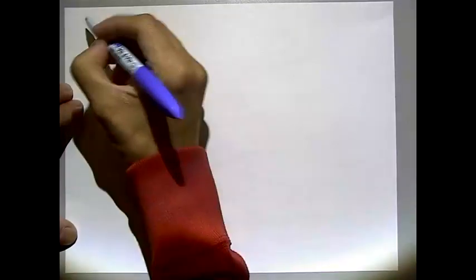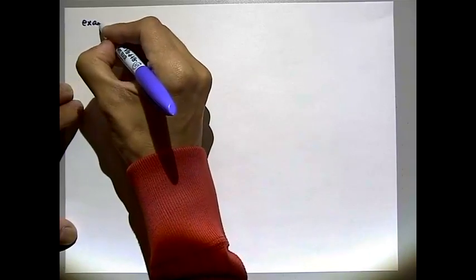Okay, the last example I will do, this is a tricky one here. It's one with a root, and it's not in the form of a fraction. These are the trickiest.